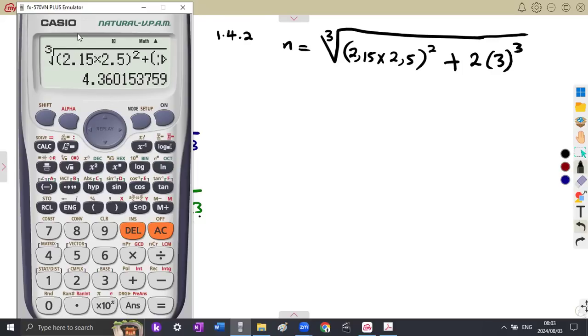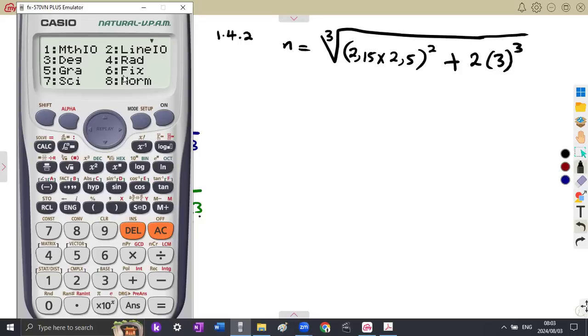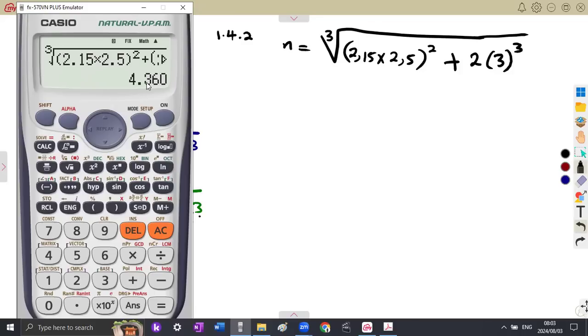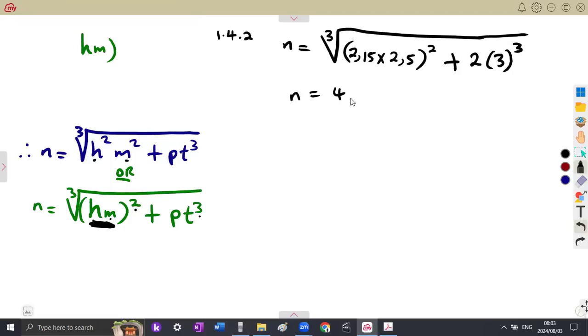So if you're to check, we can consider 3 decimal places. On your calculator, shift, let's go to the setup, fix this. Number 6, you're going to fix to 3 decimal places. So n is 4,360, like that.